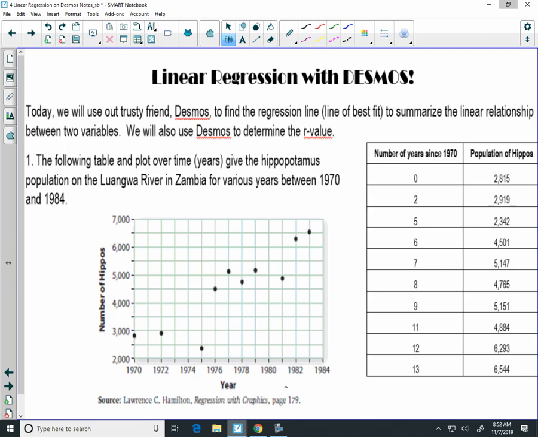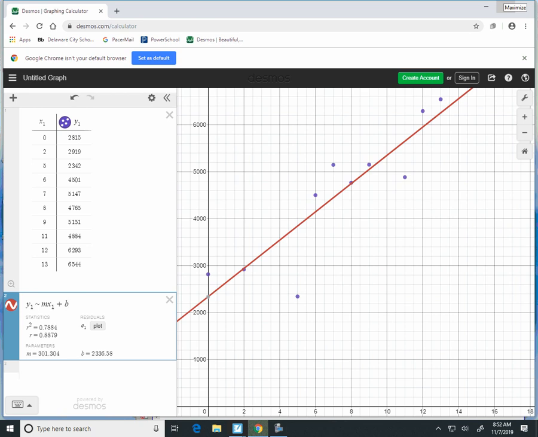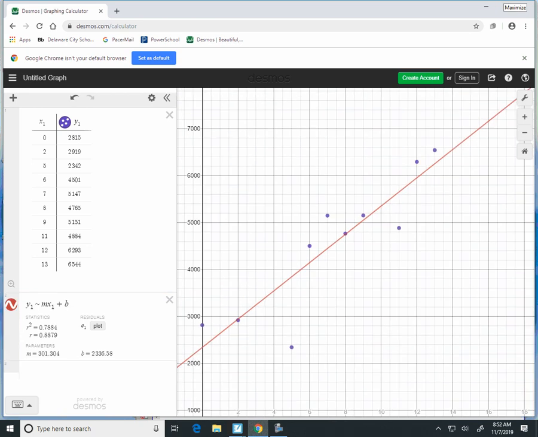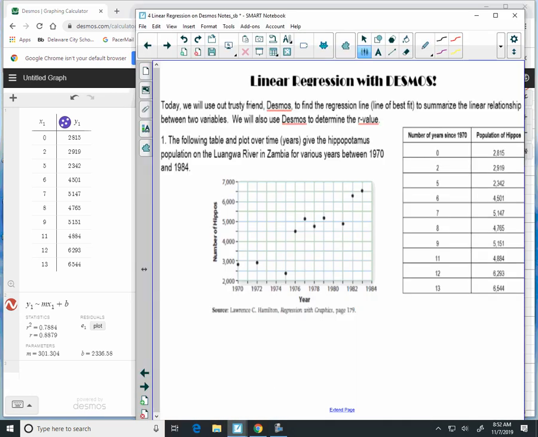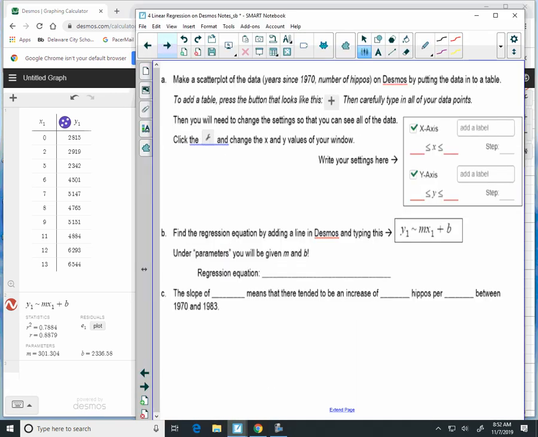Looking at this, seeing our line with those dots around it is lovely, but I usually don't even mess with this. I put my data in, I get my line, and go on with my life. Okay, so let's see. Our regression equation, what we just got, is y equals something x plus something.